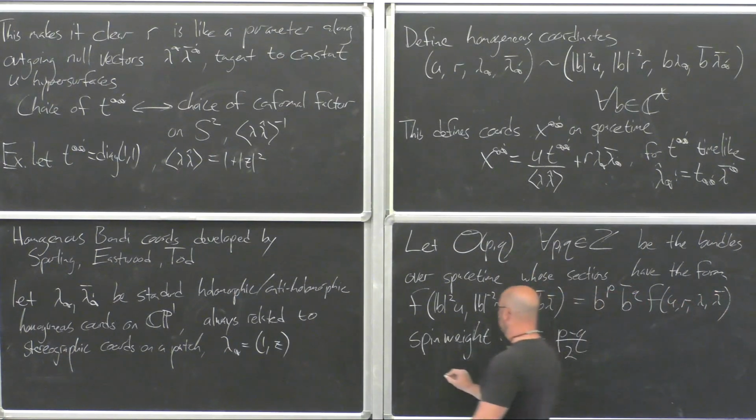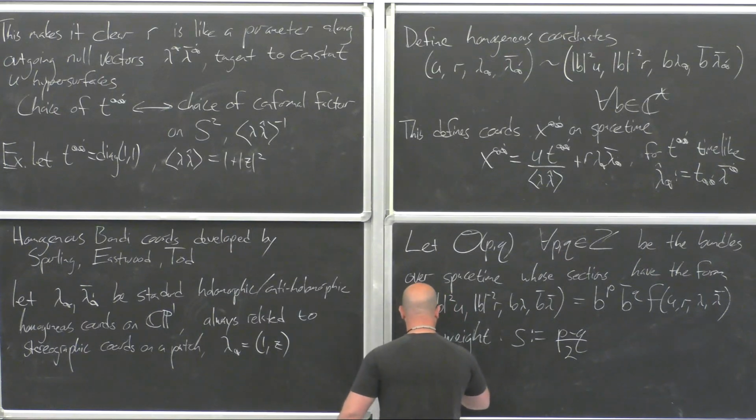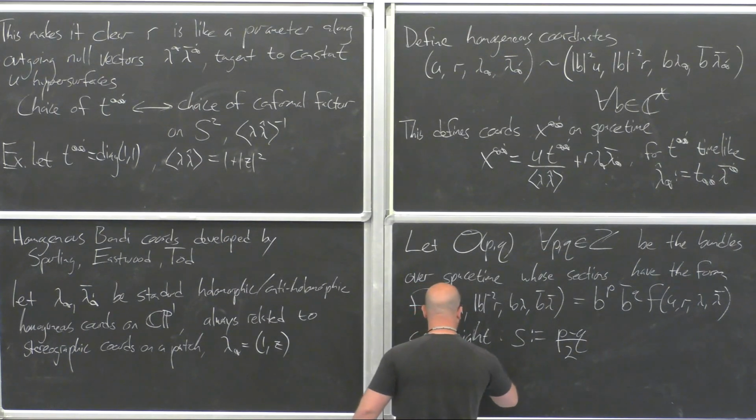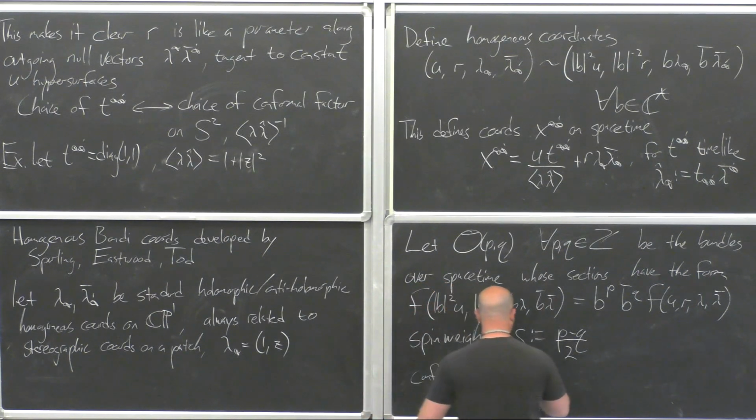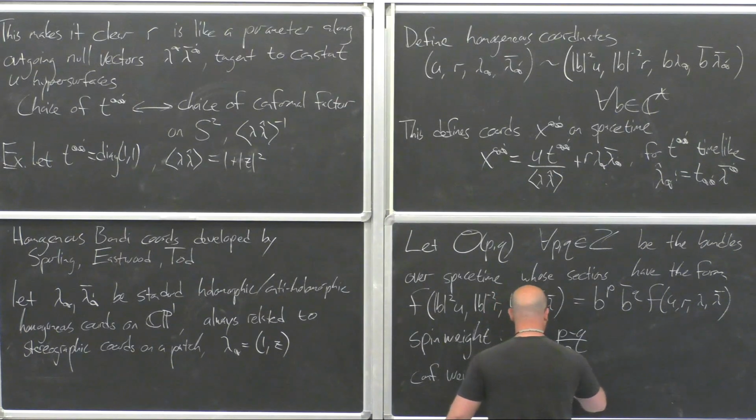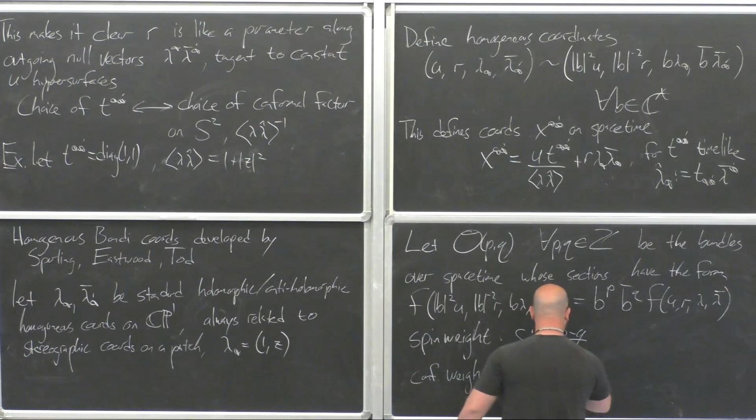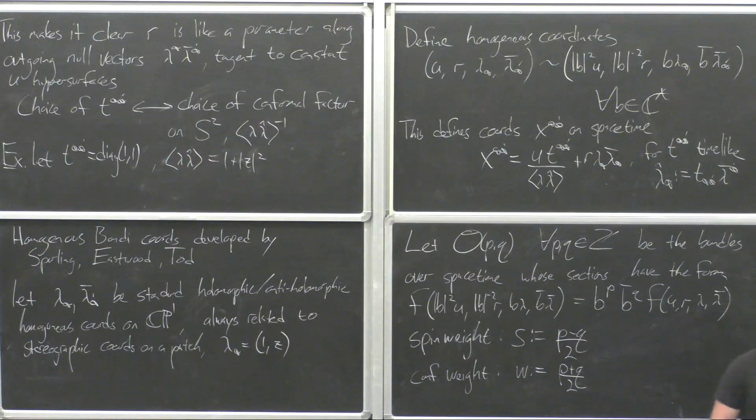Conformal weight is the other linearly independent quantity that you have, which is P plus Q over 2. Okay? I don't know about you, we all have our preferences, but to me, this is a much nicer way to keep track of things like spin and conformal weight than worrying about tetrad rotations.